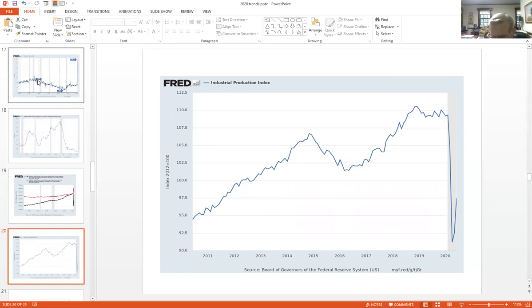So industrial production just really went into the tank, and it picked up a bit in the second quarter. And the Federal Reserve and the Commerce Department are projecting that it will continue to rise in the third quarter, and we should get those numbers very soon.